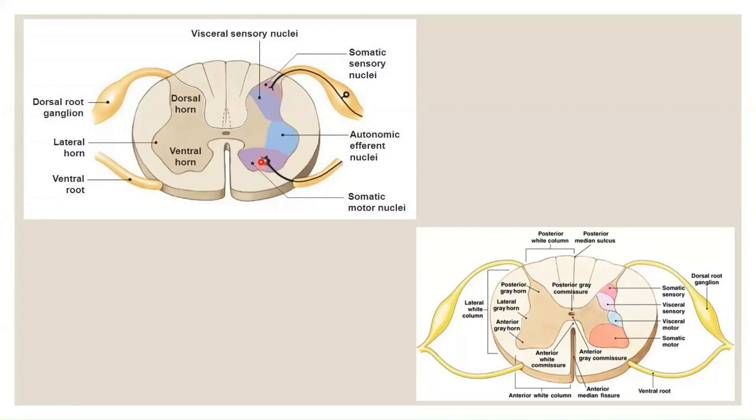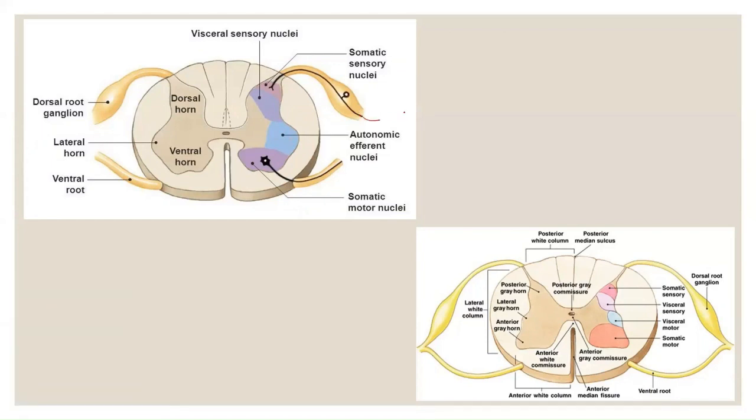So in this ventral horn or the anterior horn, you have a cell body of the motor nerves. These motor nerves supply the skeletal muscles. So here you have the motor nerves, and on the lateral horns you have the cell bodies of the autonomic nerves. And here in the dorsal horn you have cell bodies of the sensory nerves, actually the second order sensory nerves.